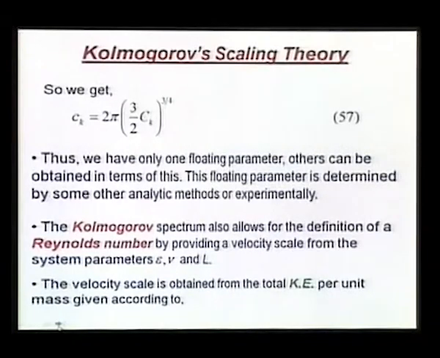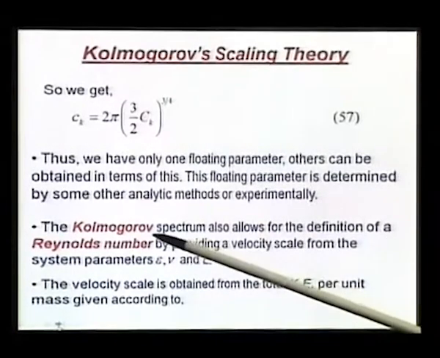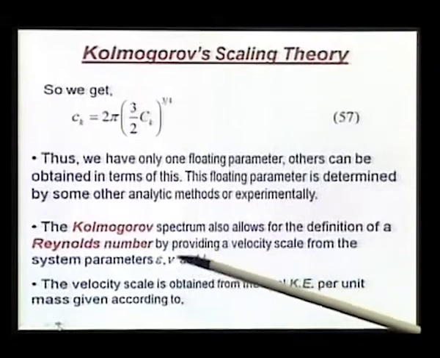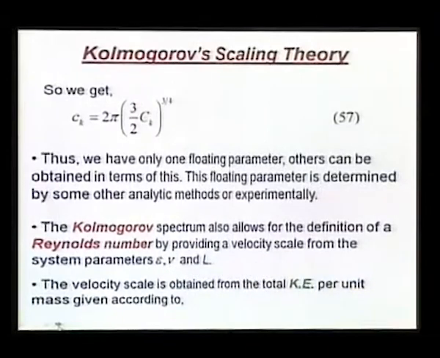Now, what we have talked about, that Kolmogorov spectrum allows us to define a Reynolds number, because it provides a velocity scale by these following parameters, epsilon, nu, and the length scale L. The velocity scale is obtained from the total kinetic energy per unit mass. That is quite easily understood. Okay.